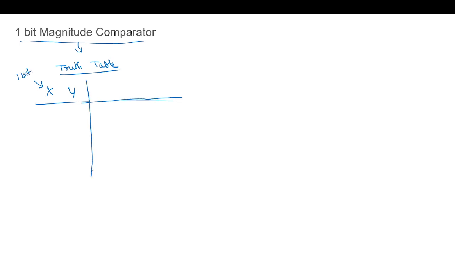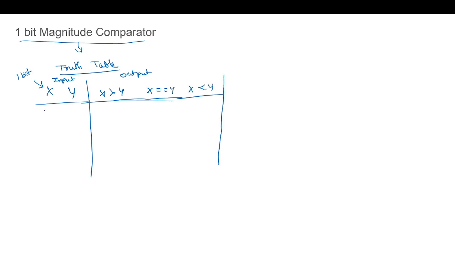Next, the 1-bit magnitude comparator. Now instead of using a subtractor, let's write the truth table for a comparator. We have two 1-bit numbers as the input to the comparator, and the outputs of the comparator are whether x is greater than y, x is equal to y, or x is less than y.